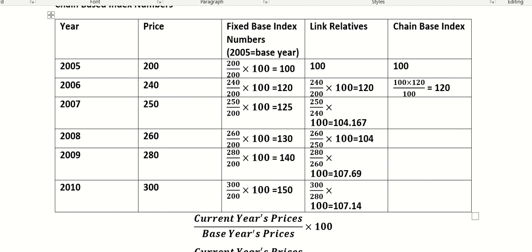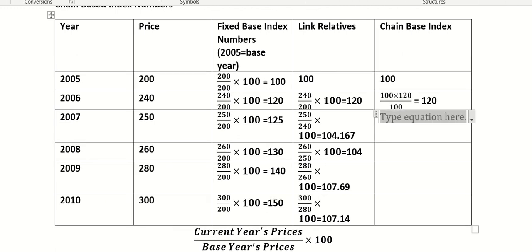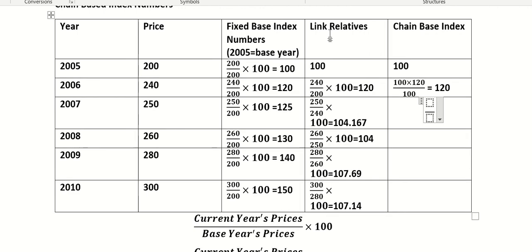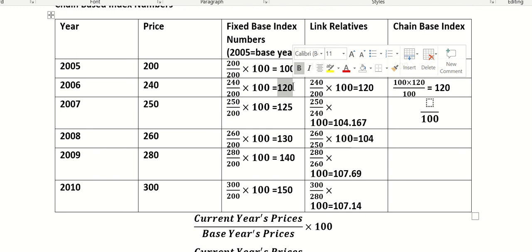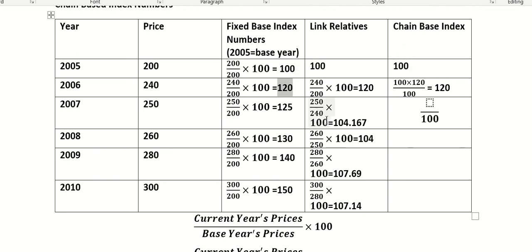Now similarly we will apply the same pattern again. The denominator would remain 100. Now this 120, the previous one. In the fixed base index we take the previous year's index, and in link relatives we take this one, 104.167.